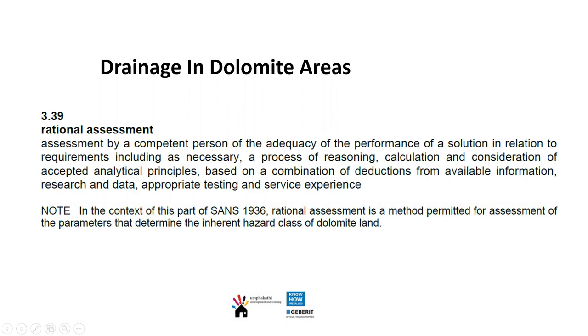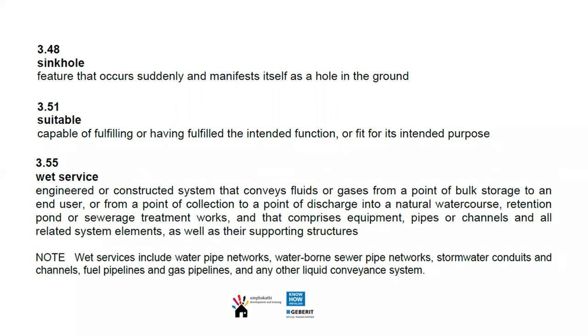Obviously a plumber, when he is qualified and has the experience, is deemed to be competent. However, in Dolomite, it is very clear that the plumber is not the competent person. Just a couple of the important points are sinkholes, what is suitable, and what are wet services. We're not going to dwell too much on these things because otherwise we're not going to get finished.